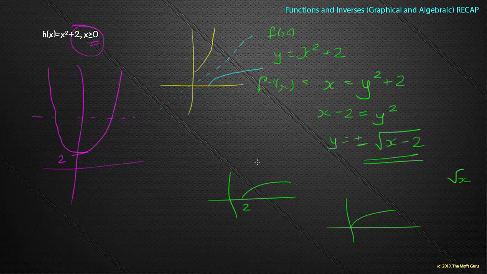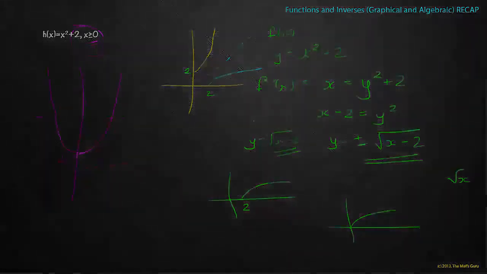Well, actually, look at this. I already know that's going to cross at 2. So we now know that the inverse of this function would be given by y is equal to just root of x minus 2, with the limit of x is greater than or equal to 2. And yep, I'm pretty happy that the algebra works.